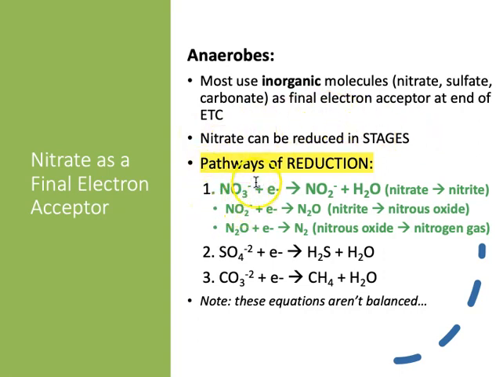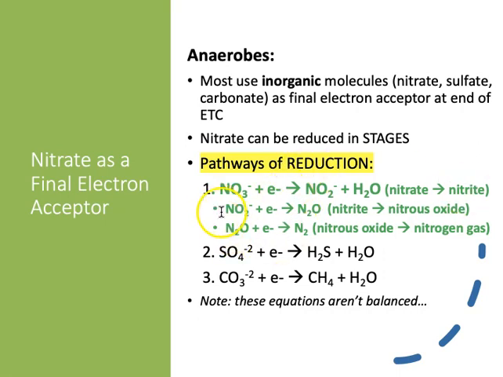Nitrate, which is NO3 minus, can gain electrons and produce a molecule called nitrite, that's NO2 minus, as well as a little bit of water. So nitrate gets reduced to nitrite. But here's the thing, nitrite can be reduced further.